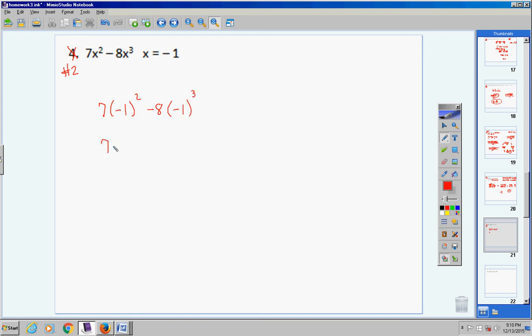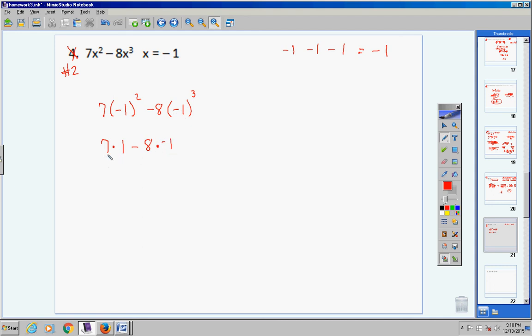So 7 times negative 1 times negative 1 is 1. Then bring down your negative 8 and do your powers. Negative 1 times negative 1 times negative 1: negative times a negative is positive, times a negative is negative, and 1 times 1 times 1 is 1. So negative 1 to the third power is negative 1.